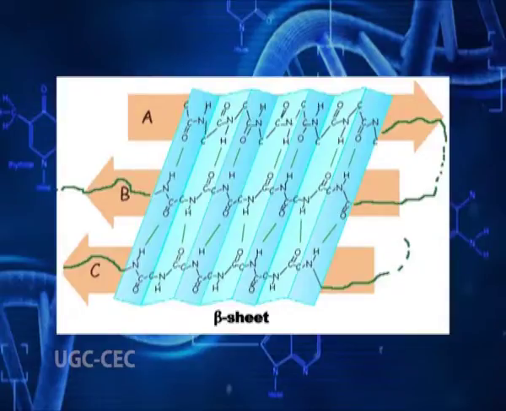This time between NH and CO groups of different beta strands, alignment either in parallel or anti-parallel, the polypeptide chains' beta strands are nearly fully extended.